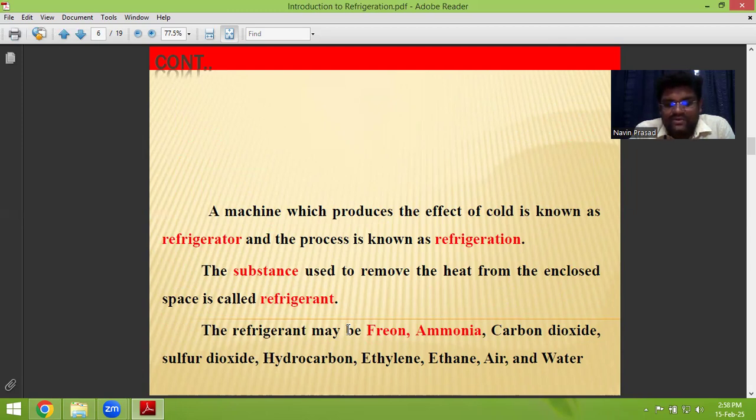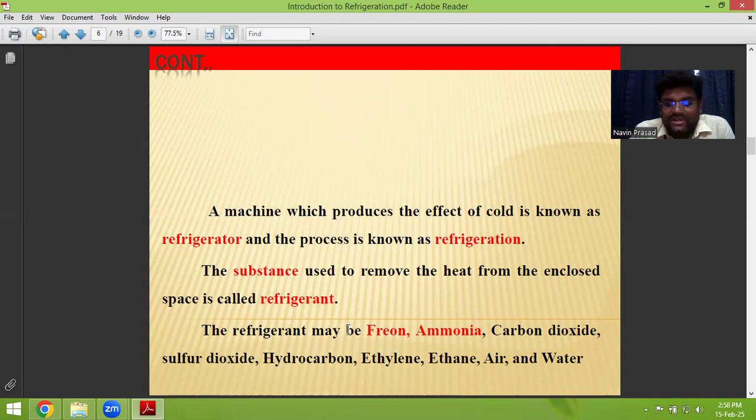In this, we will use a fluid called refrigerant. That substance which is used to remove the heat is known as the refrigerant. The most commonly used refrigerants are freon, ammonia, carbon dioxide, sulfur dioxide, hydrocarbon, ethylene, ethane, air, and water.